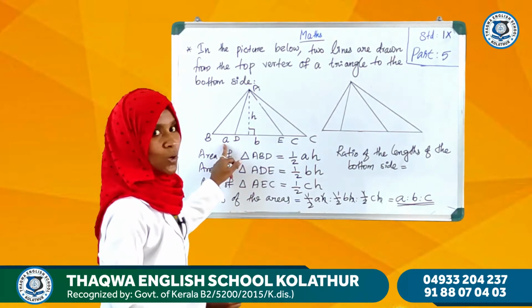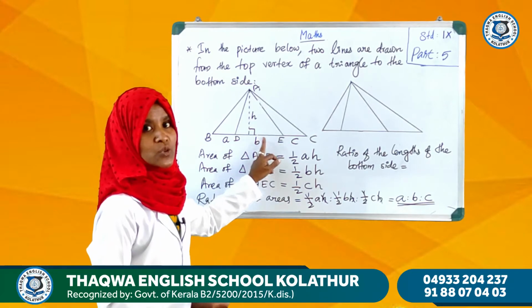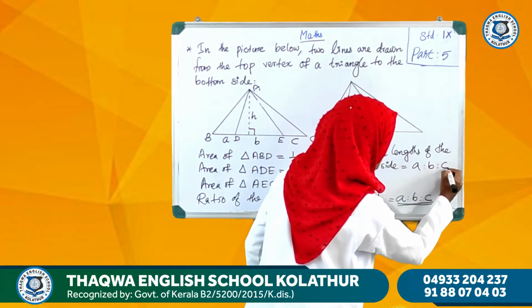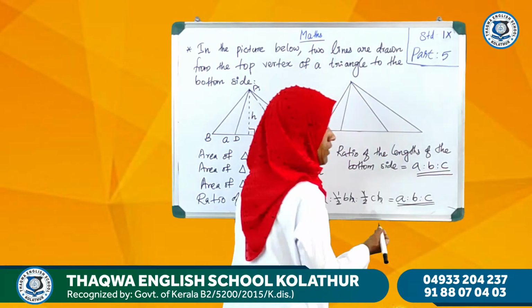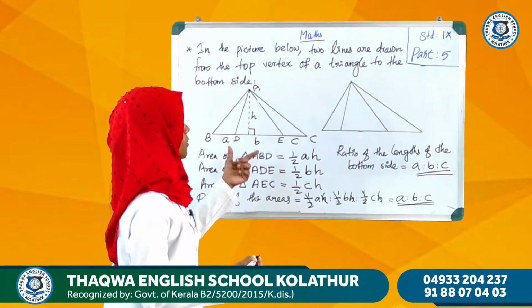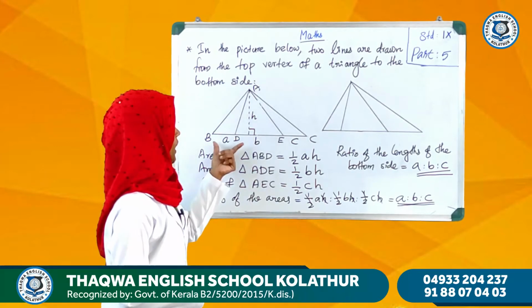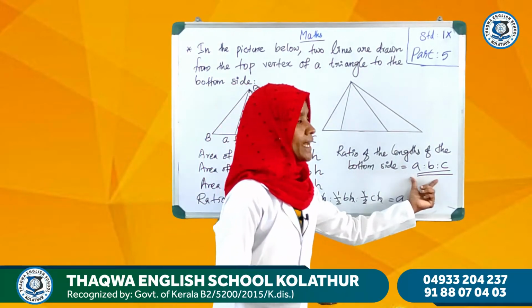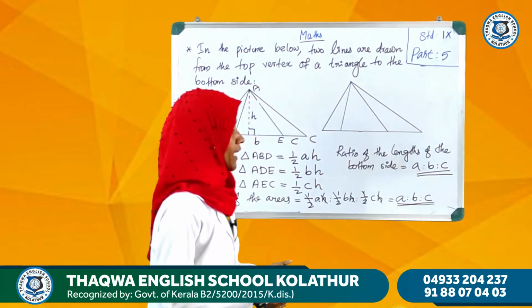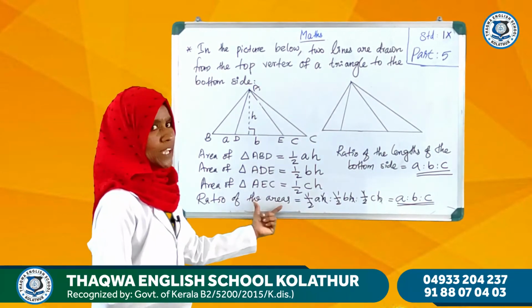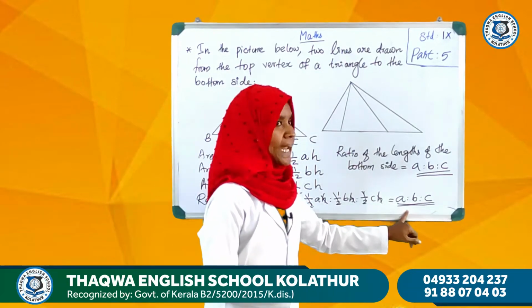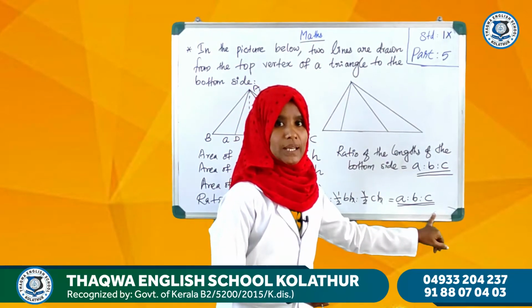It is also A is to B is to C. So what we get now? The ratio of the length of the bottom side is A is to B is to C, and the ratio of the areas of the three smaller triangles is also A is to B is to C.